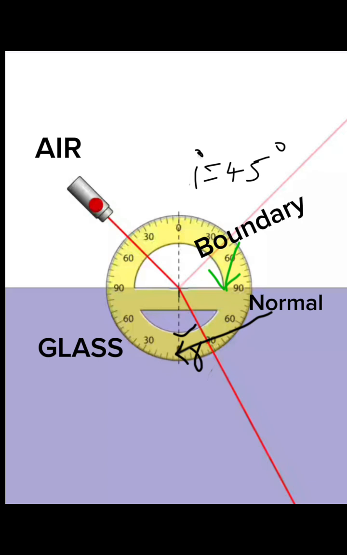Now let's get the angle of refraction. Remember, our angle of incidence is still 45 degrees, and the refracted angle is the angle between the refracted ray and the normal.